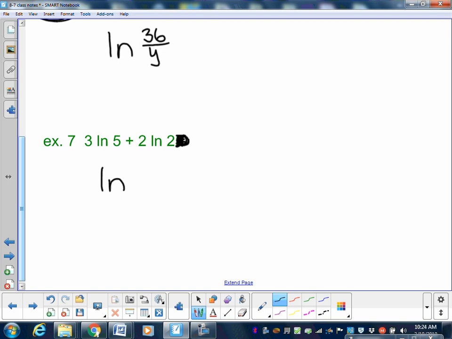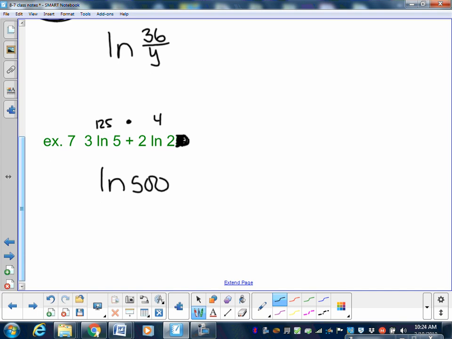So anyway, the 3 comes up here and it becomes 5 to the 3rd, and the 2 comes up there and it becomes 2 to the 2nd, correct? And 5 to the 3rd is not 15. 5 to the 3rd is 3 5s, which make 125, correct? It's 125 times 4, right? This makes 125, and this makes 4, and you have to actually multiply them together, which makes 500.